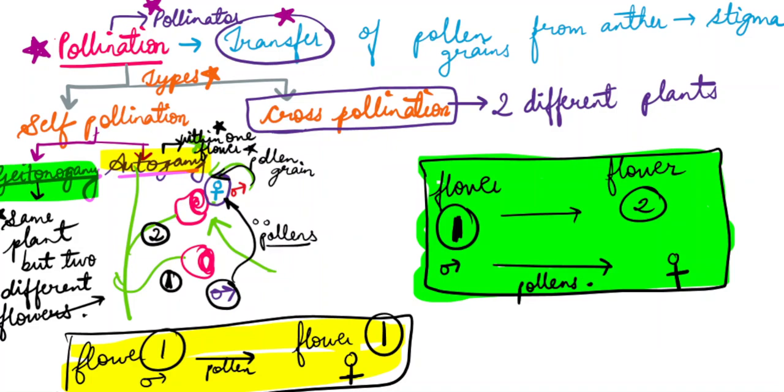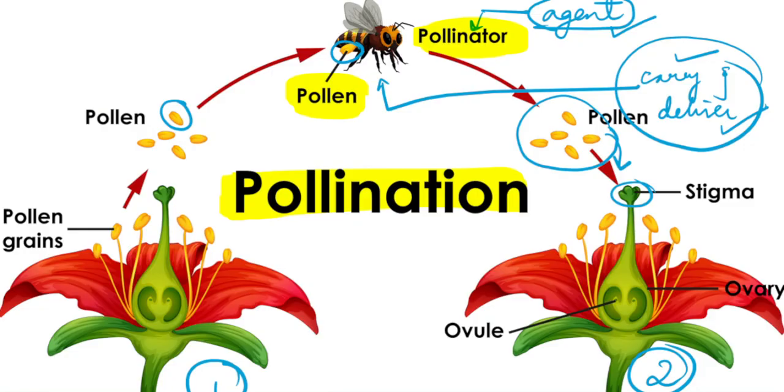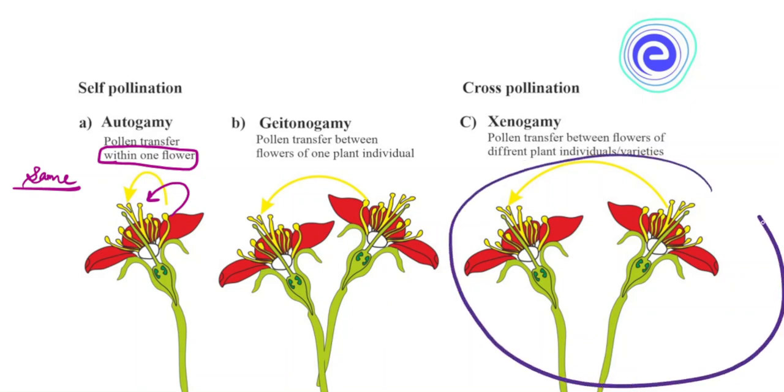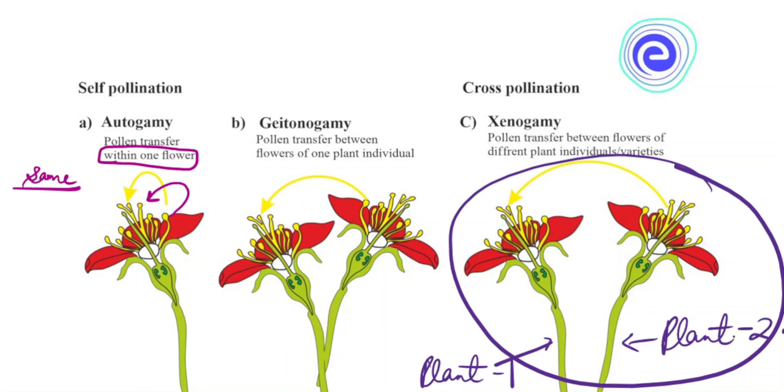Now we will go in detail. I will show you the diagram of cross pollination. See here, the third diagram represents cross pollination. This is plant number 1, and this is plant number 2.